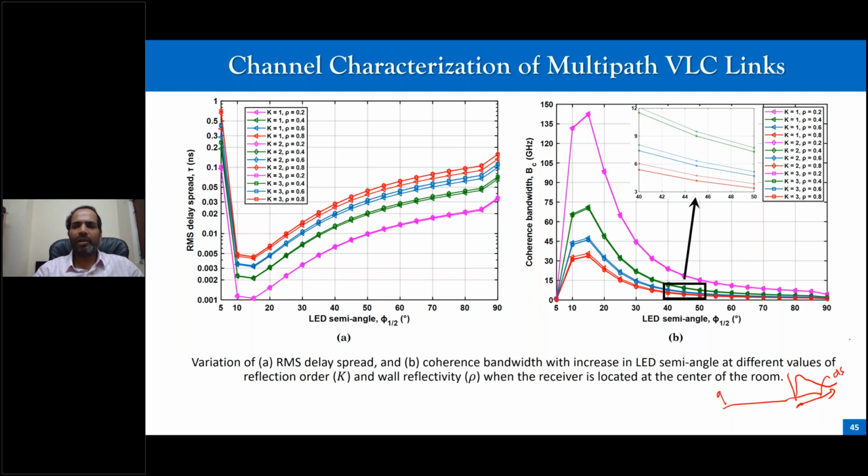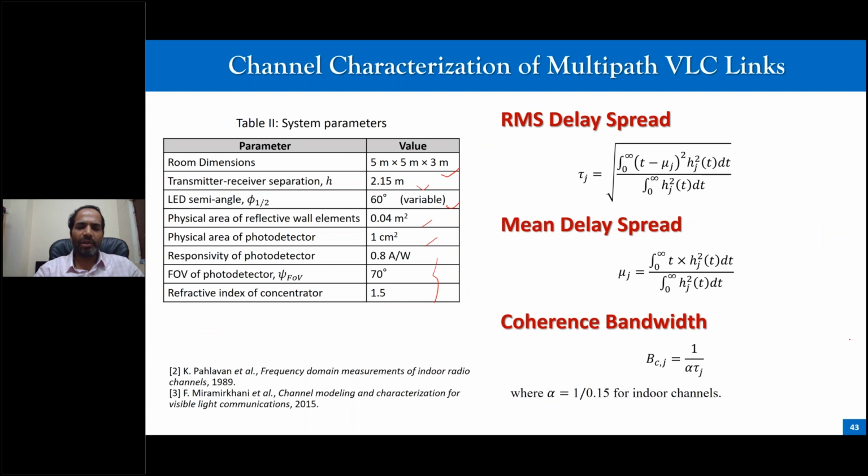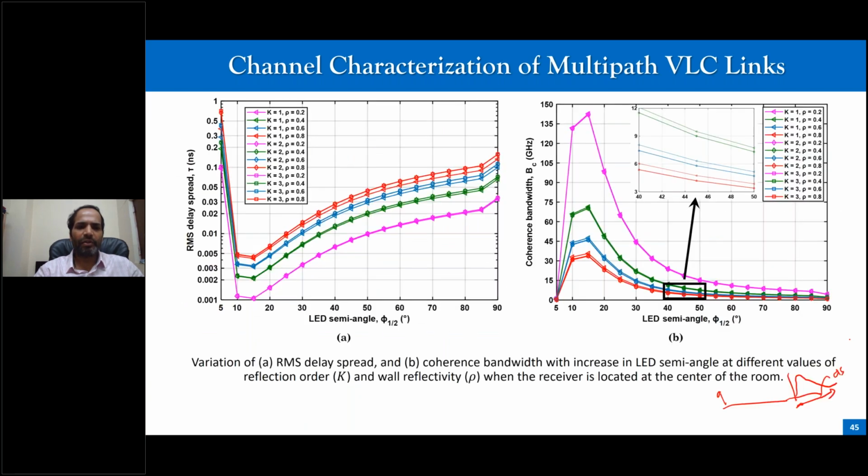Typically for a big room, let me look at the dimensions. Yeah, 5 meters by 5 meters by 3 meters. So for this room, what we have seen is it depends upon the number of reflections, k equals 3. k is the number of reflections, and it depends upon the reflectivity at the walls.